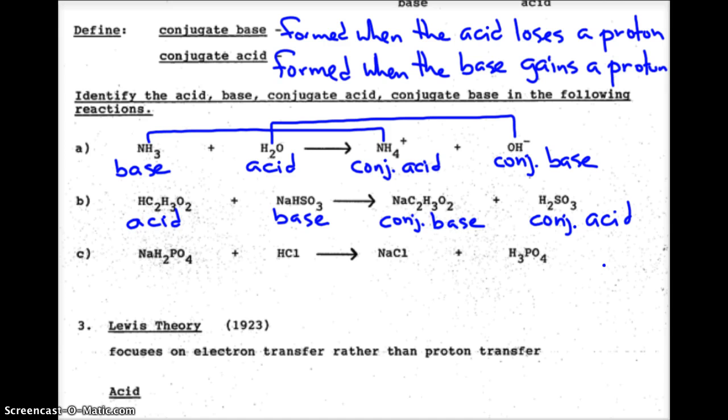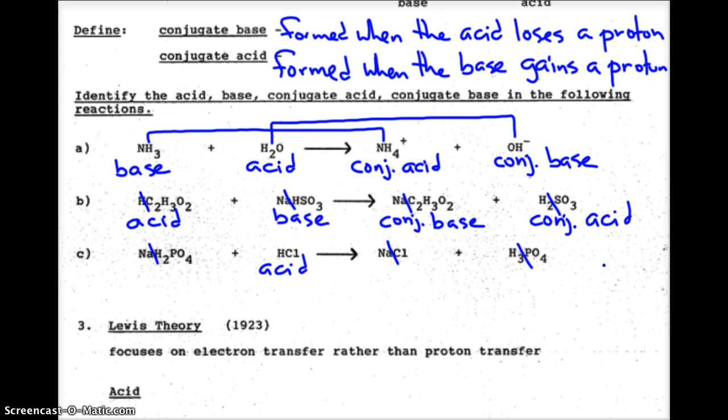Then we have our last example, and remember, you should be familiar from thinking about these compounds from before where they split. Let's look at the HCl. HCl, I know that is definitely an acid.